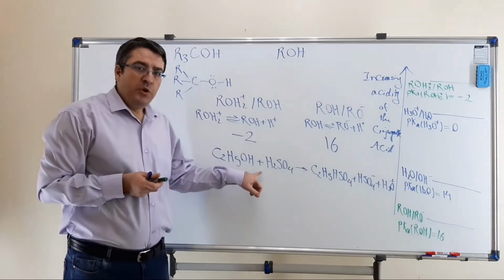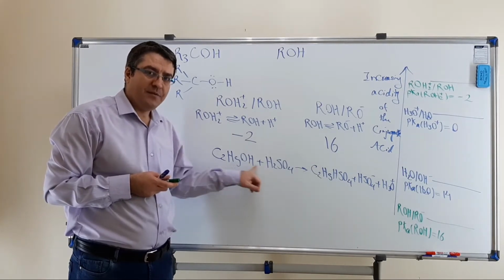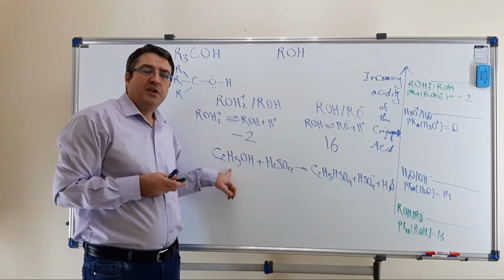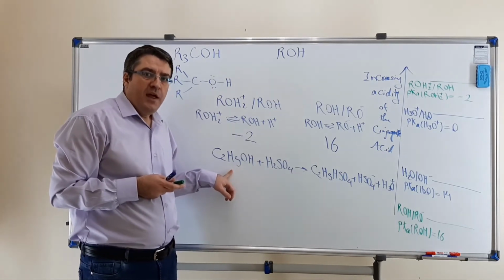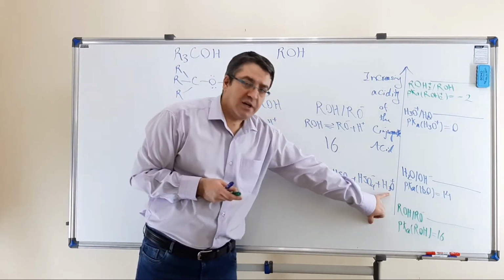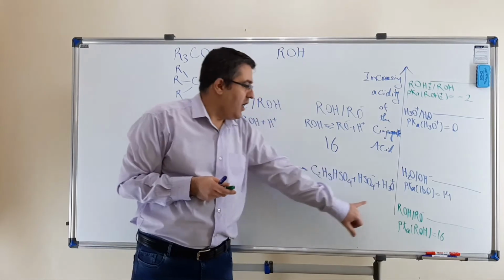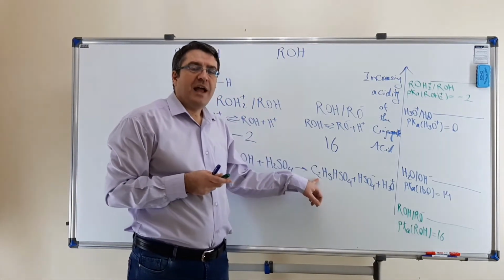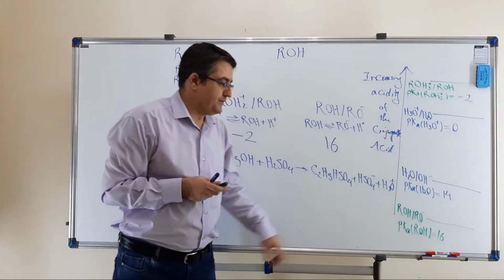Which can be attributed to protonation of ethanol by strong sulfuric acid, then separation of the water from ethyloxonium, then protonation of water to yield hydronium cation, and combination of the ethyl carbocation with hydrogen sulfate to form this ion pair.